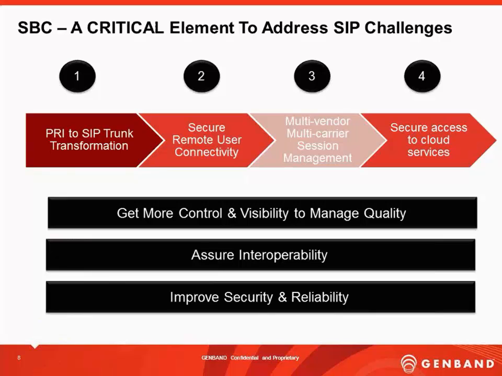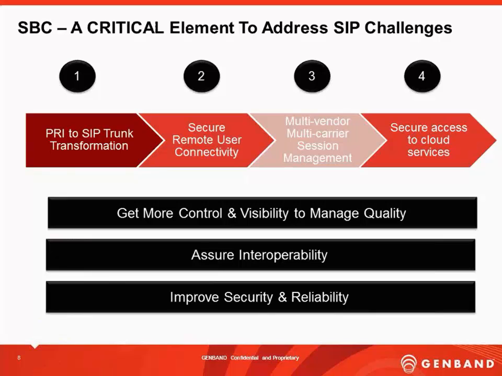Another key benefit it brings to enterprises is more control and visibility to manage the quality of service they're getting from their service provider. If you're getting a SIP trunking service from a service provider, for sure an SBC is deployed in their network, no doubt about it, because they are protecting their own network and providing all the session management capabilities from their network core. But as an enterprise, you also need an SBC, and the reason, one, like you very correctly pointed out, is that you are also consolidating your own network.